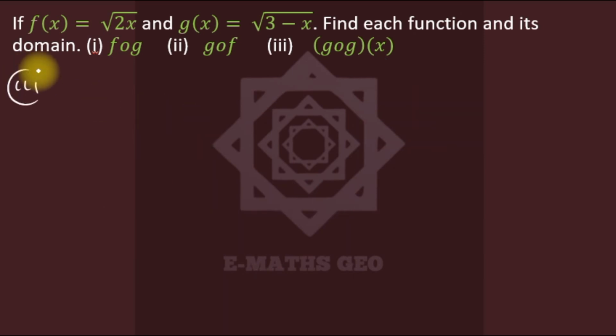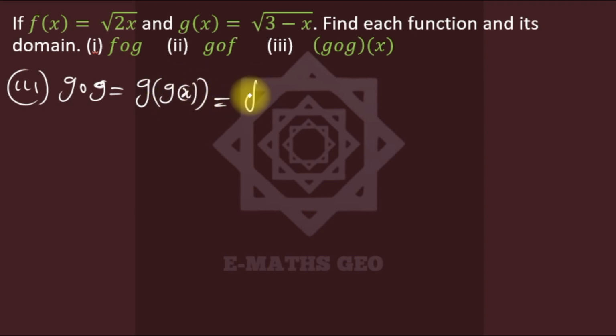So g composite g is g of g of x, which is square root of 3 minus, instead of x, I write square root of 3 minus x. That's the composite function. So let's look at the domain.